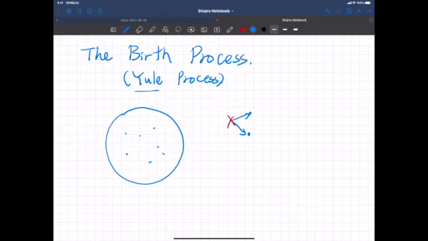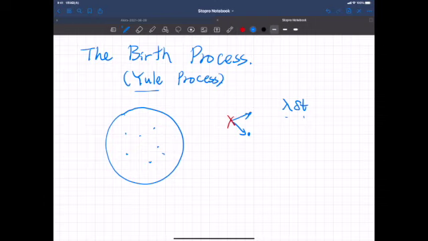This can happen with a certain probability. Let's say within unit time, the rate of cell division is lambda. Within a duration of time, let's say delta t, the probability of cell division is lambda delta t.